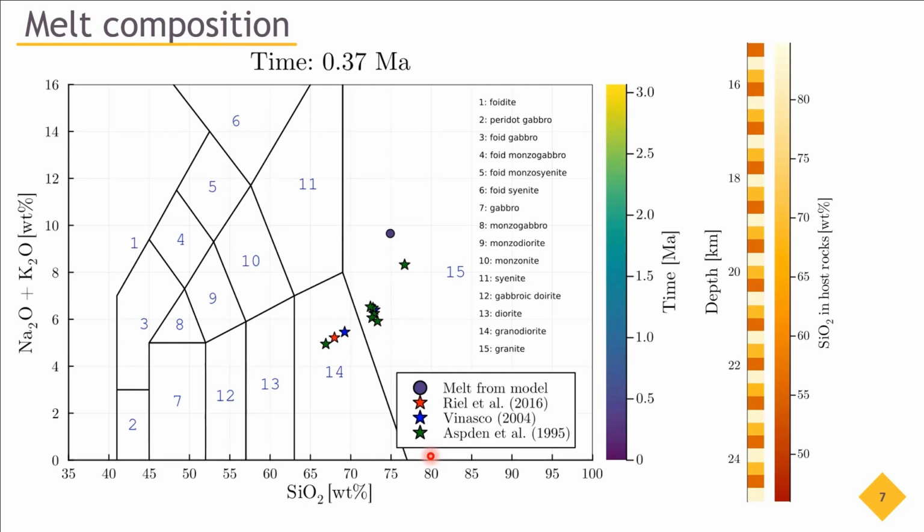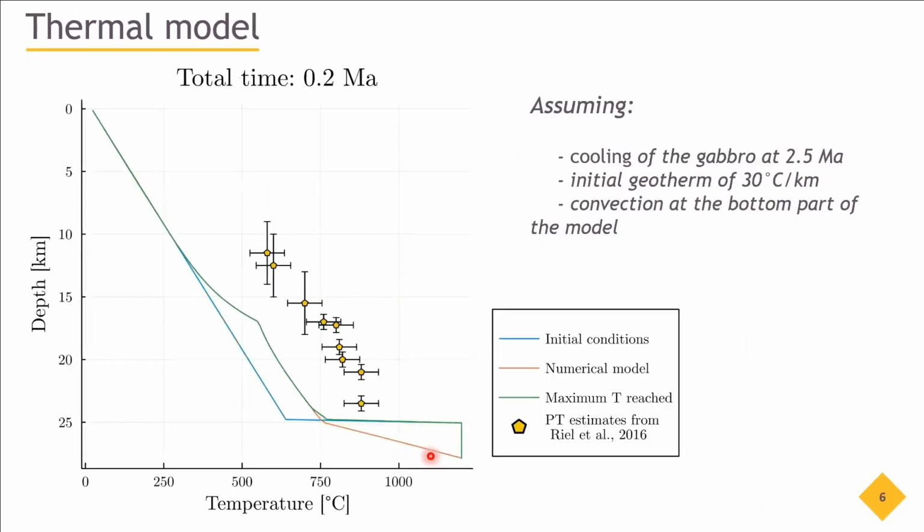I probably missed it, you showed a green curve that was the maximum temperature conditions that is reached by the model. And so I'm considering that this is what the rock reaches, and then it cools down.